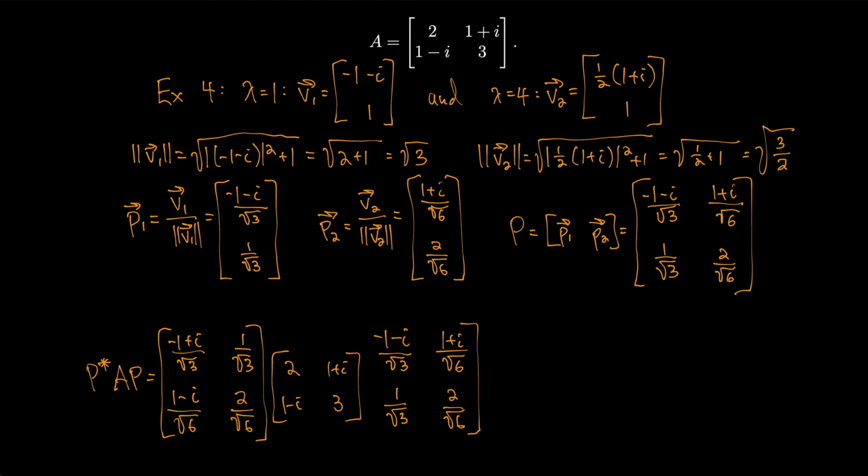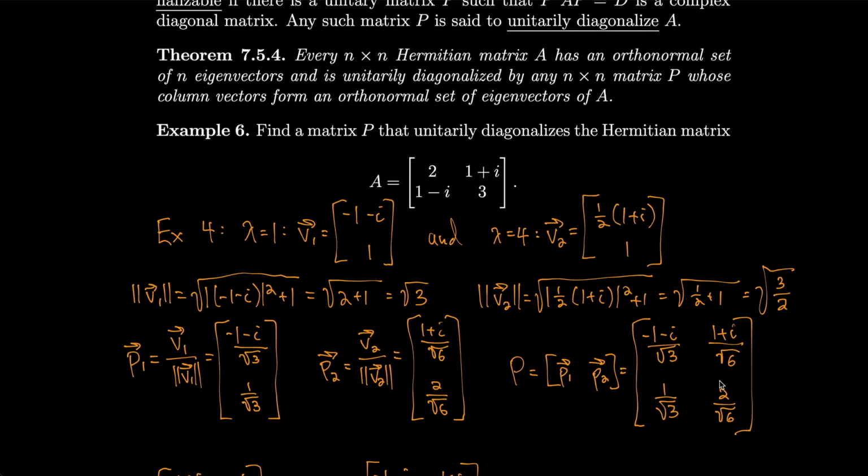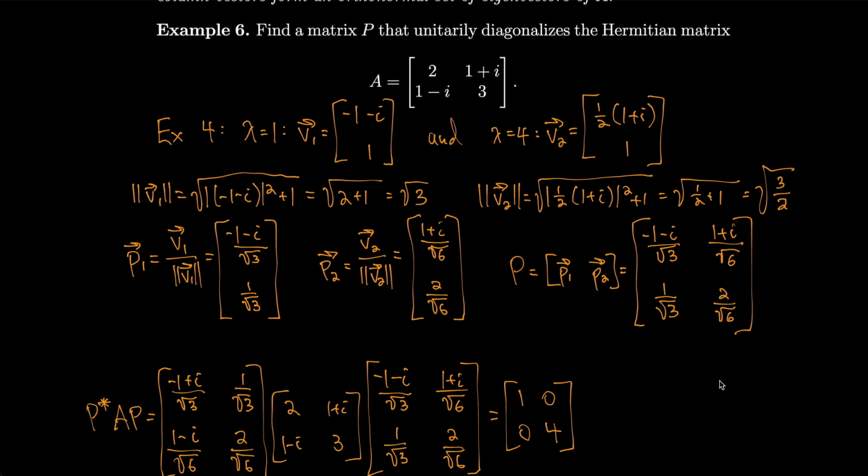You can actually do the multiplication if you want, or you can just trust that it will be a diagonal matrix with the eigenvalues along the diagonal, zeros otherwise. That's the matrix P that unitarily diagonalizes this Hermitian matrix.